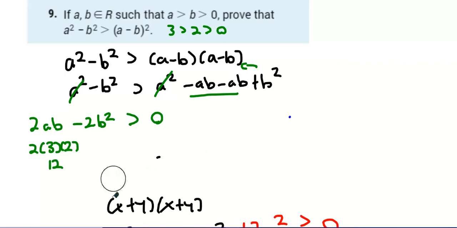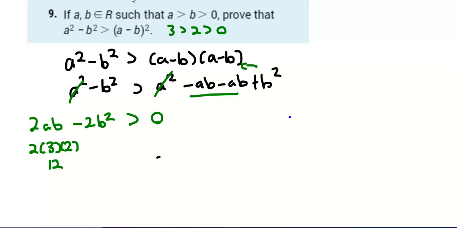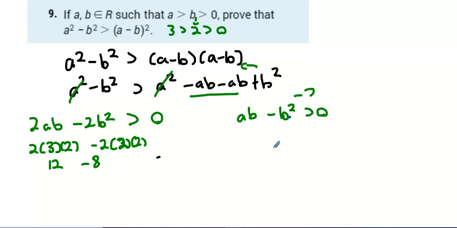And what would be 2 times 2 times 2? B is 2. See the way b is 2? So what would that be? 8. Now, you can divide both sides by 2 if you want, and you get ab is bigger than b squared. You can bring the b squared over to your side if you want.